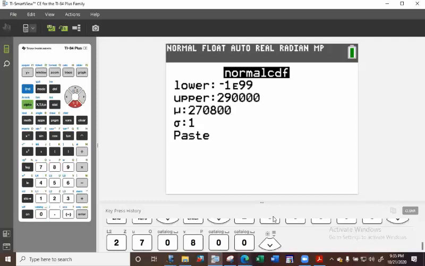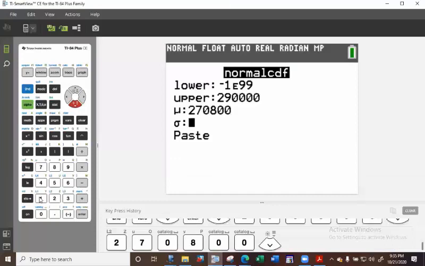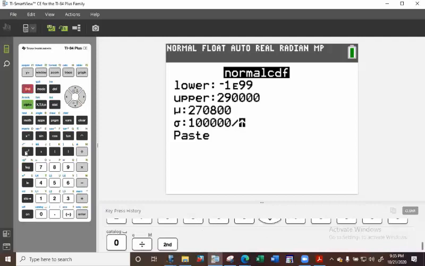And let me check the standard deviation numbers. It's 100,000, but it's 100,000 divided by the square root of n. Don't forget that. So it's 100,000 divided by the square root of 100. He tells you, here's your 100 right here in the problem. So it's 100,000 divided by square root of 100.